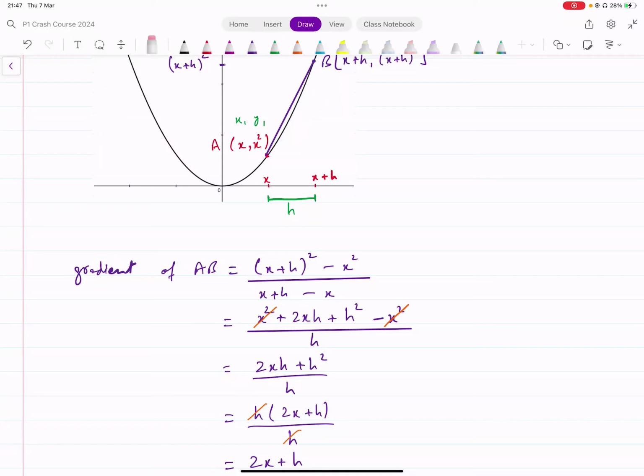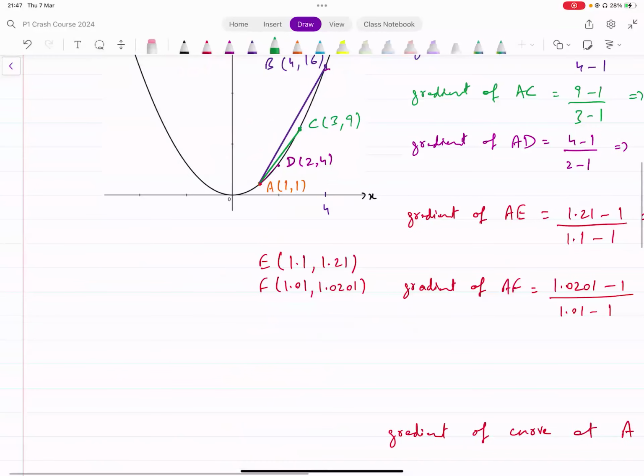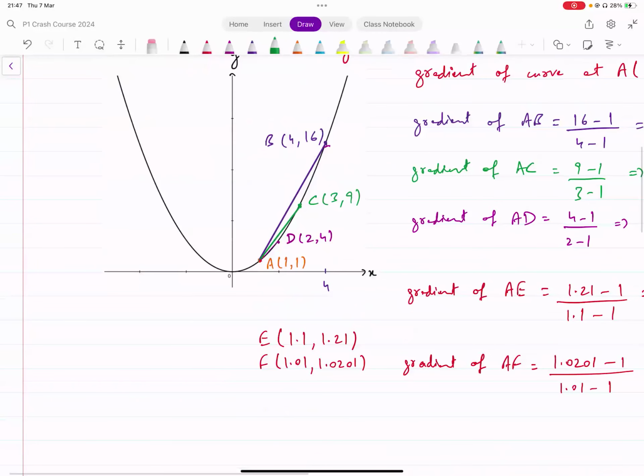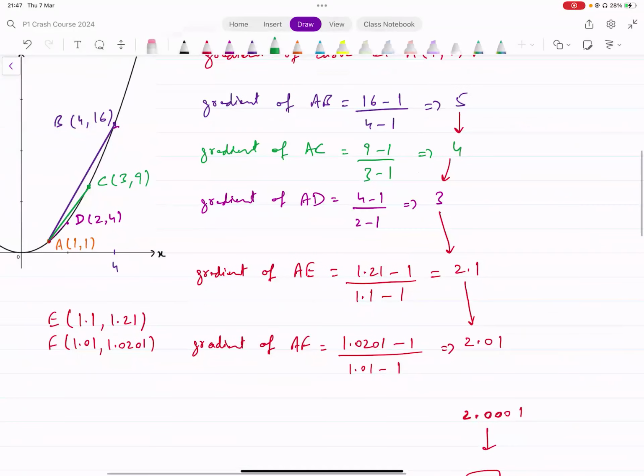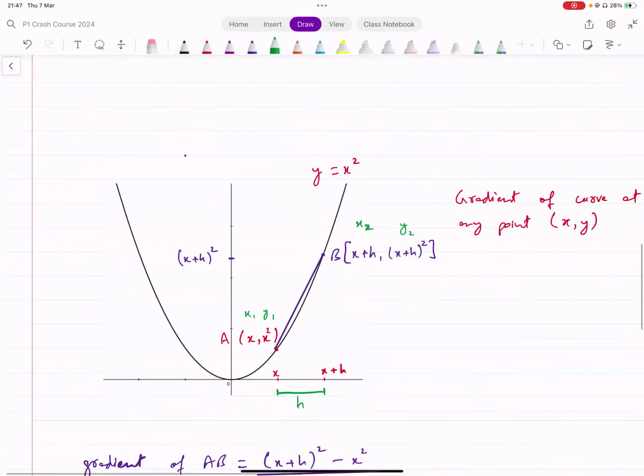We want it to be extremely small, like 0.000 and then infinitely many zeros and then maybe a one somewhere. So we can say h is going to approach zero. We want h to be as minimum as possible. Why? Because we looked at this example before. As we got the second point closer to the first point, the estimate of the gradient kept getting better. That's exactly what we're doing here as well.